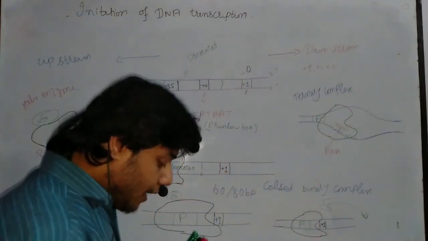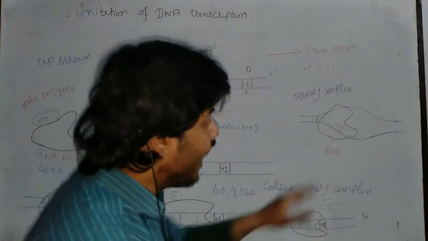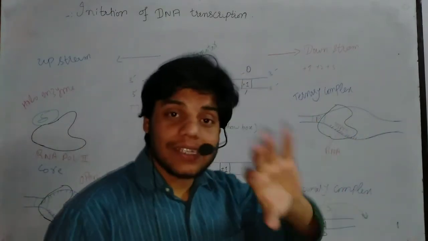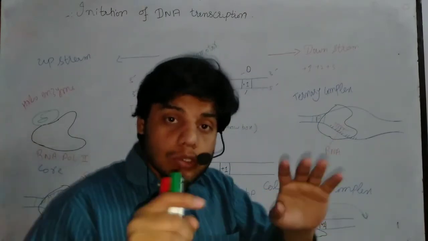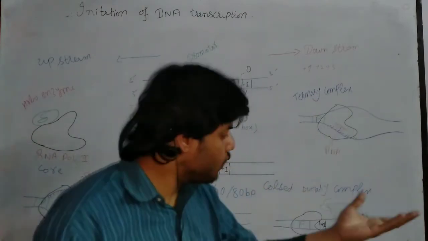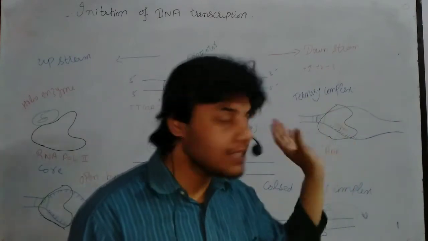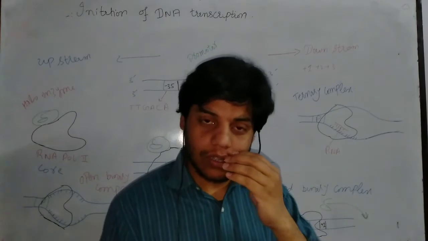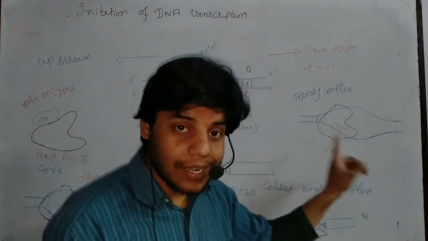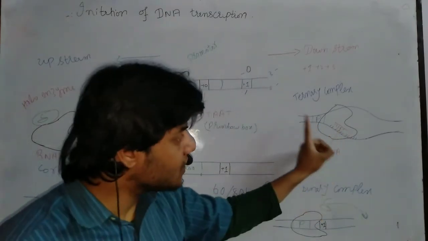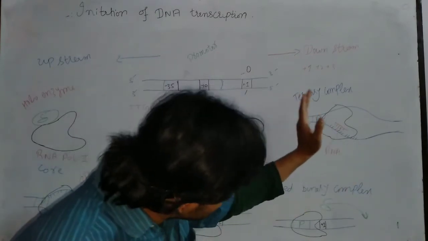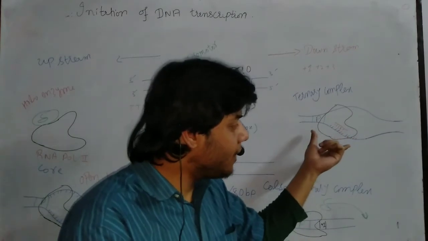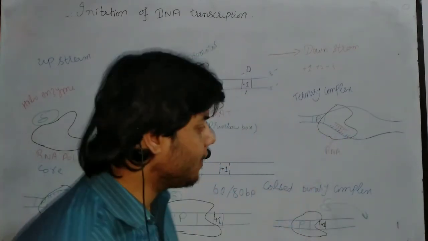Okay, what happened after that? As we talked, when the sigma factor is there, it will be tightly bound. So let's suppose the sigma factor is released out. Now the RNA is moving. Remember, at that position the RNA is not tightly bound. So when the RNA is not tightly bound, what happens at that specific position at the ternary complex? The RNA polymerase is ready to start synthesizing the RNA strand.